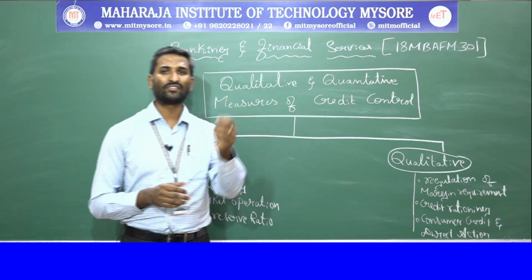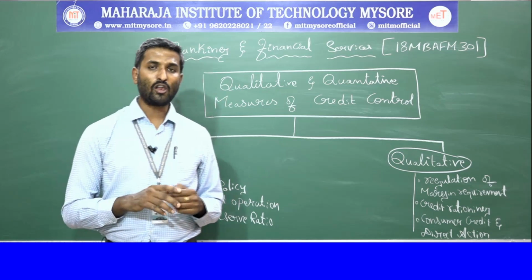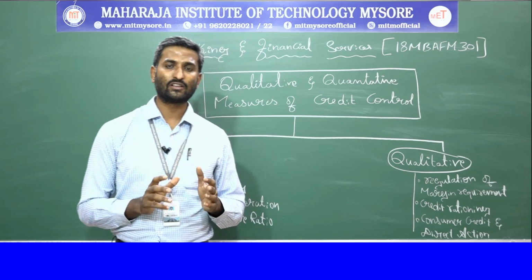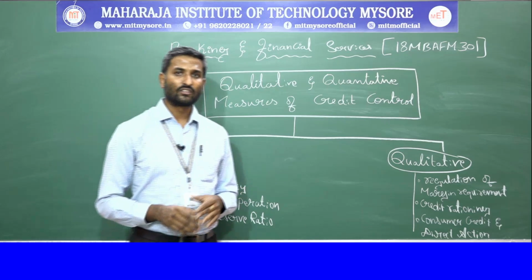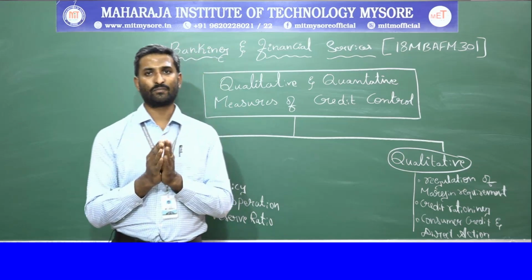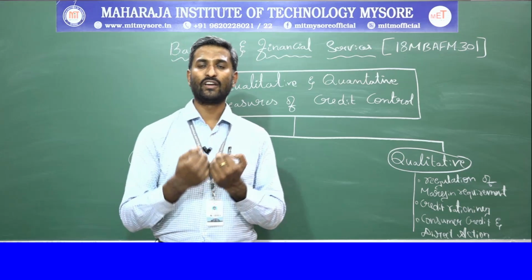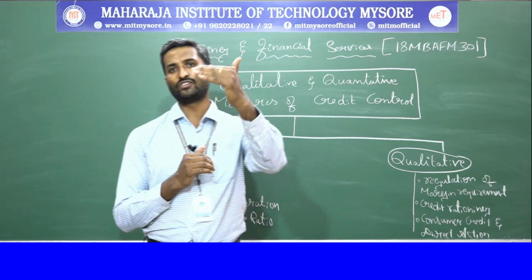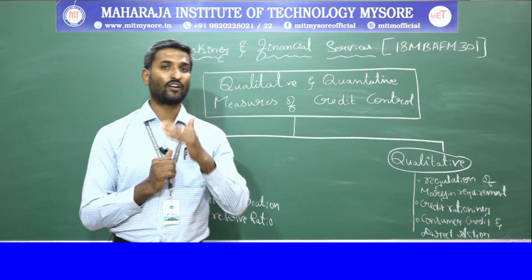There should be a proper ceiling limit. So all bankers should not be eligible to give 100% loan. They are specified with respect to whatever deposits they have received, and based on that they are allowed to issue a proportionate amount, not 100%.